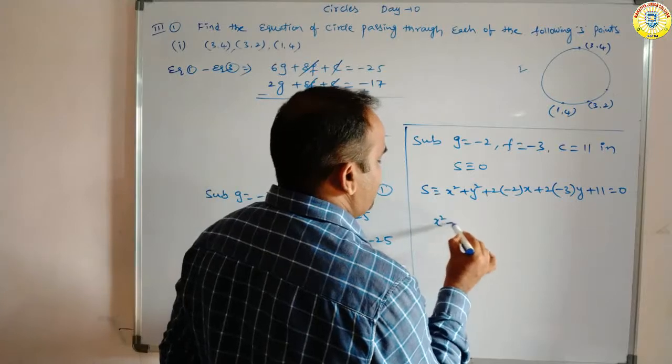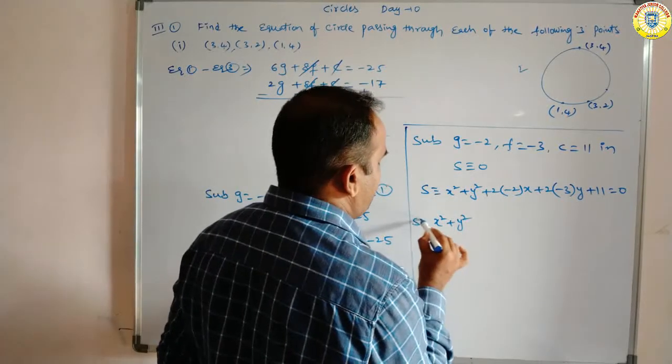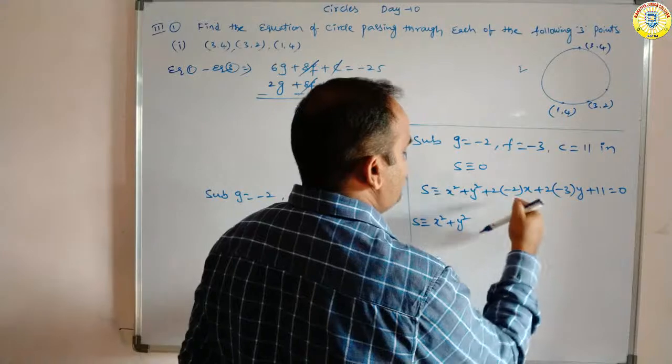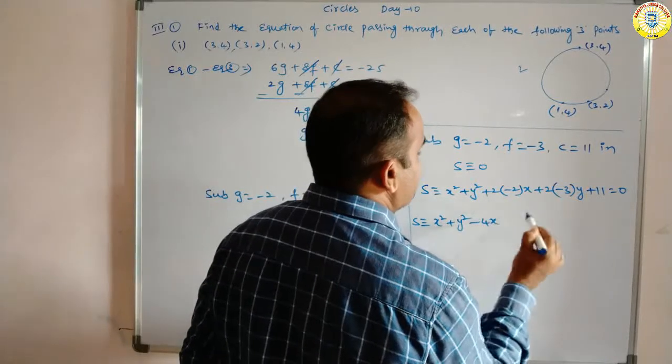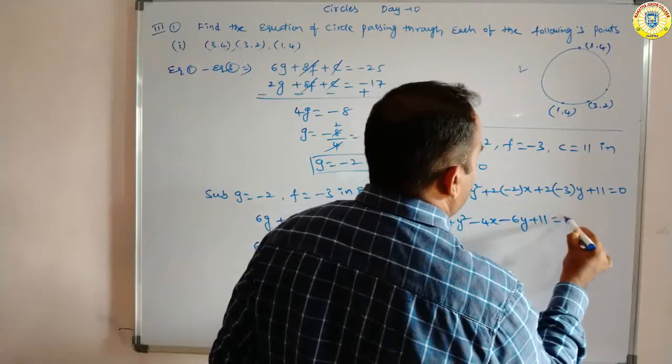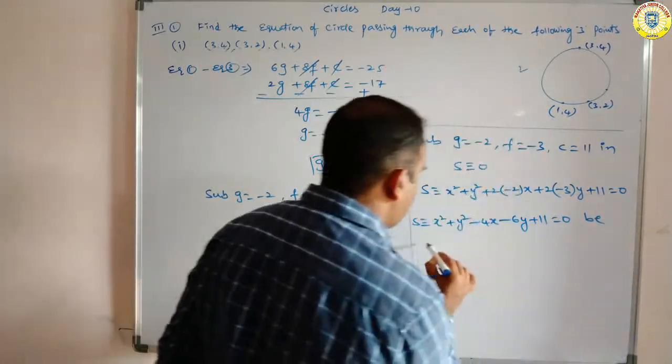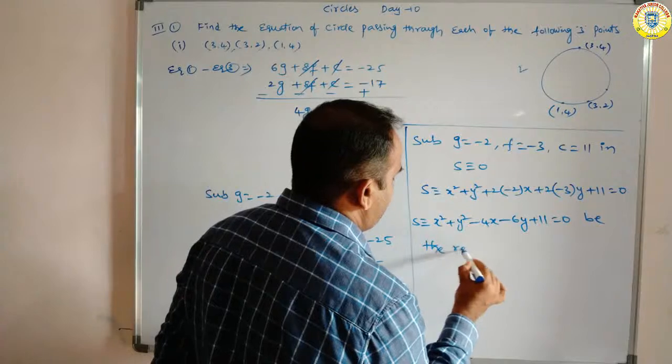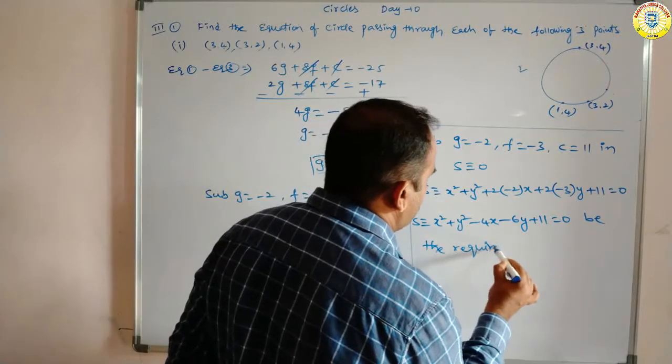Here x square plus y square minus 4x minus 6y plus 11 is equal to 0 is the required circle equation.